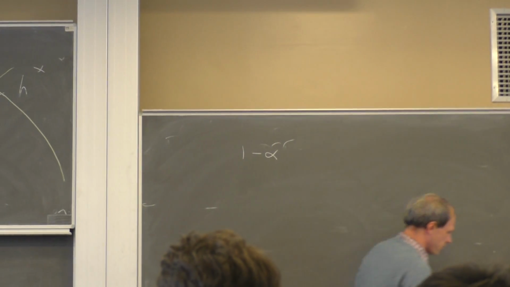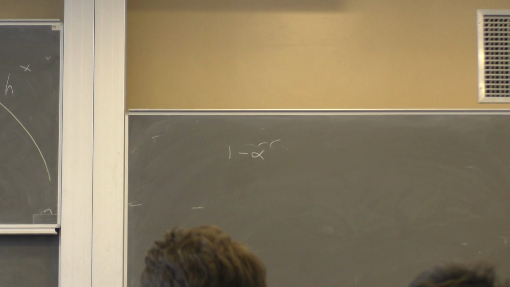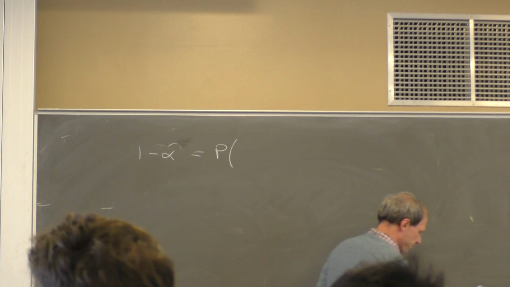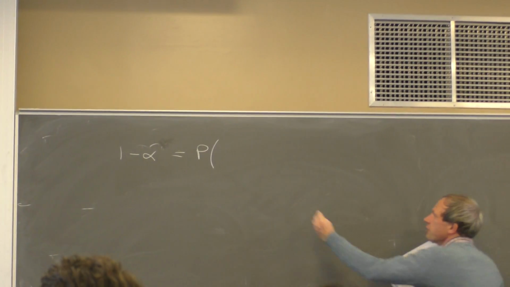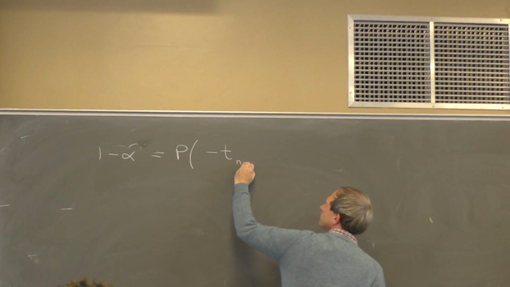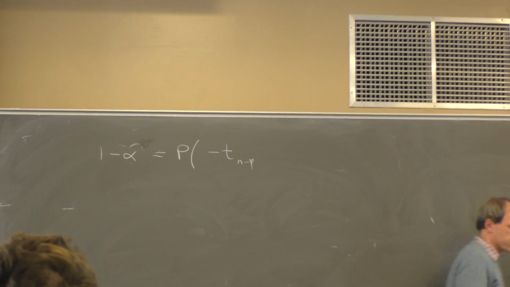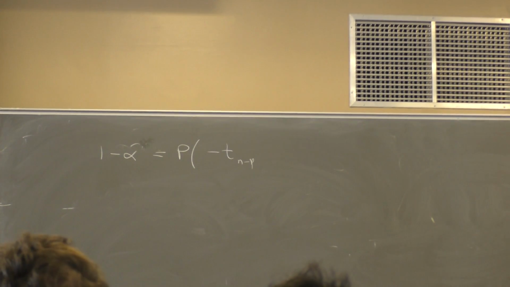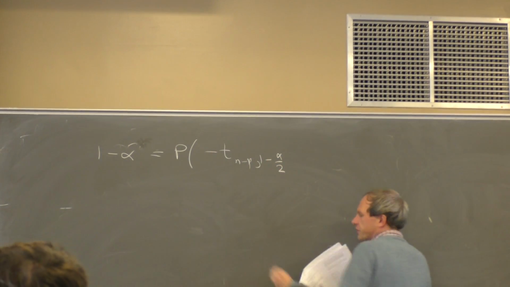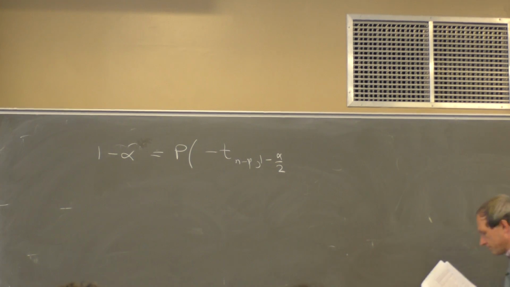This was too much of a mess to put on the slides, so I will show you on the board. By the symmetry of the t distribution, 1 minus alpha is the probability that a t random variable is between the following quantile, with n minus p degrees of freedom, remember, so n becomes n minus p, 1 minus alpha over 2 there, which I will explain in a minute.